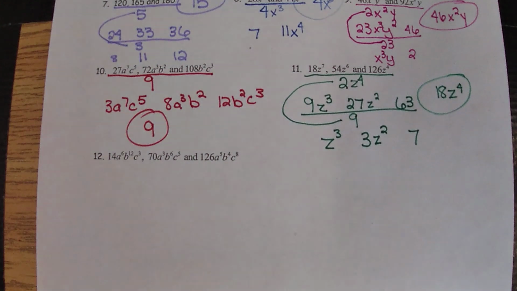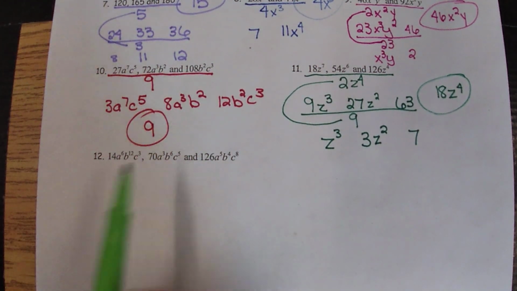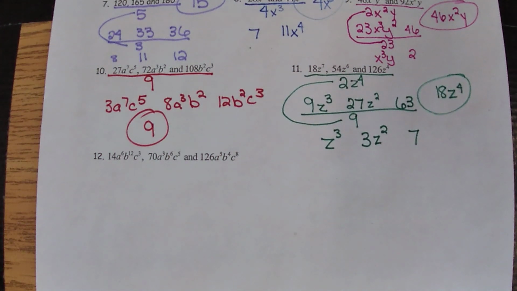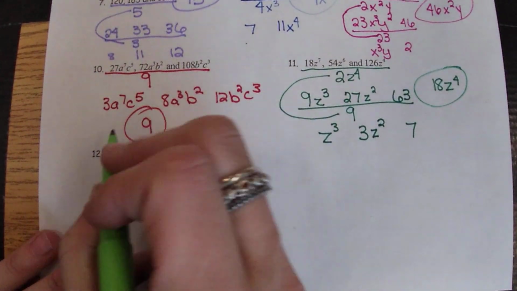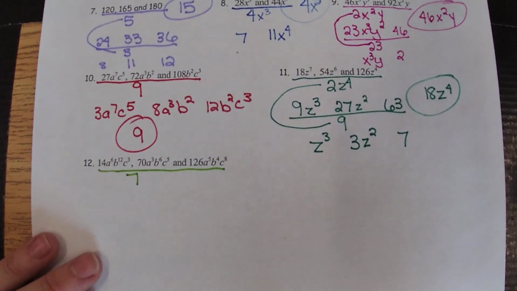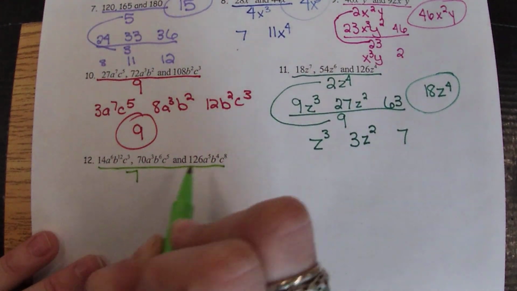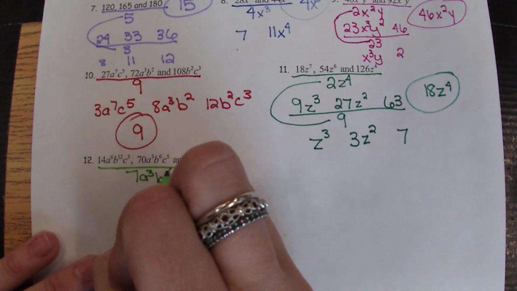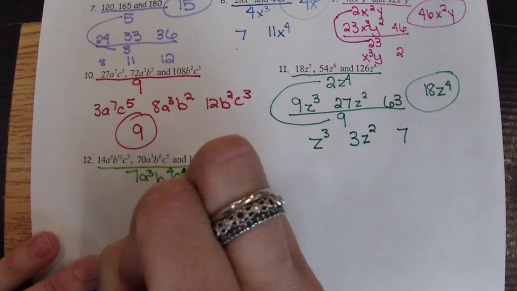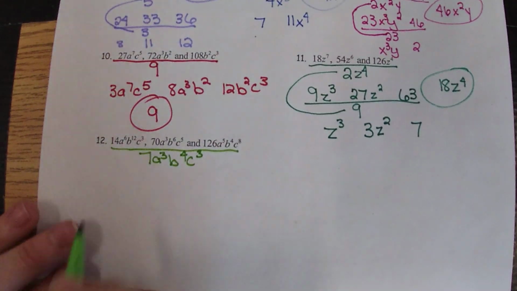Finally on the last one, 14, 70, and 126. Hopefully if we saw 14 and 70, we would think 7. So we could take that 126 and try 7, and it does work. So A's, they do all have an A. B, they all have a B. C, they all have a C. So I'm choosing the smallest exponent.